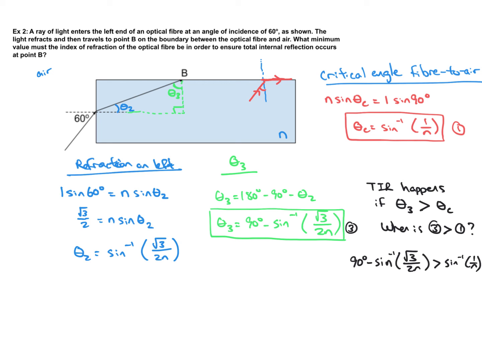And that is a difficult equation to solve, or an inequality. We call it an inequality when it has greater than or less than signs. That's a difficult one to solve, but not that difficult for Wolfram Alpha. So I'll be typing this in. However, instead of typing in 90 degrees, I'll be typing in pi over 2, because Wolfram Alpha is going to automatically use radians.